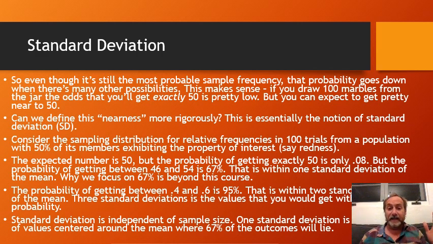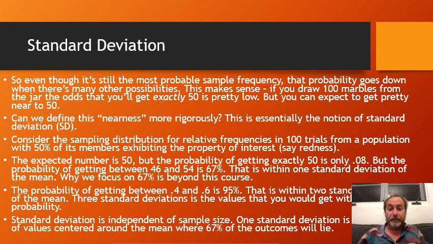If you spread it out a bit more, consider the probability of getting a relative frequency of reds from 0.4 to 0.6 when the actual proportion is 0.5. You have a 95% chance that if you pull 100 marbles, you're going to get between 40 and 60 reds.